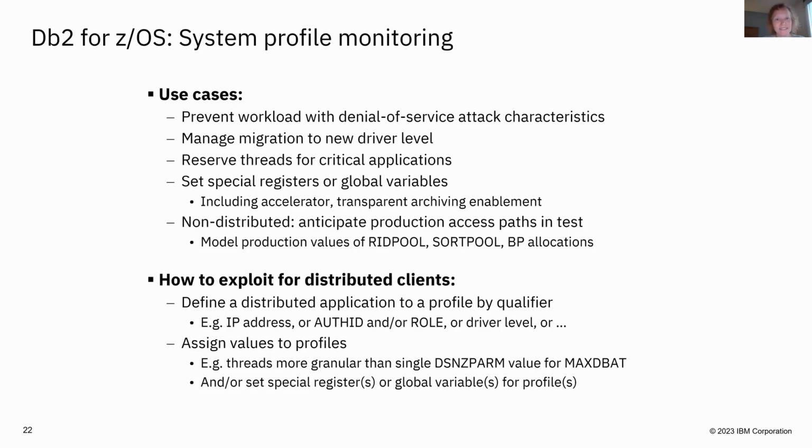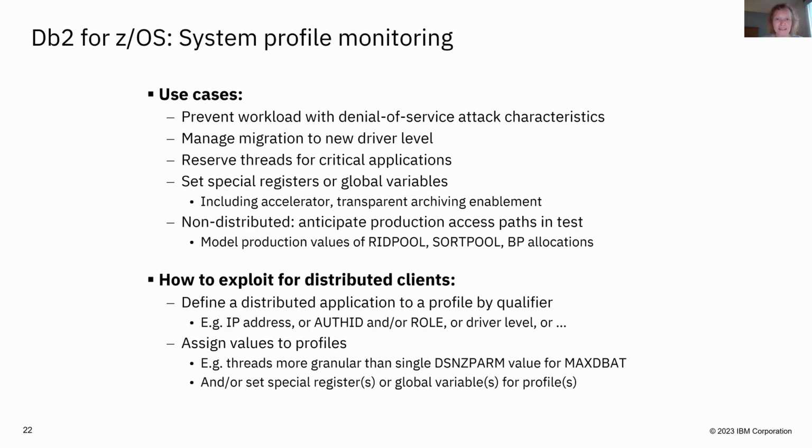That doesn't happen frequently, maybe once, twice, three times a year, but when it happens, it has a pretty severe impact for the system. The most frequent example is that programs don't test their error path very well, and then they run into an error, go into an exception mode, and then in a tight loop just fire new connections to Db2 and basically push all well-behaving applications out of Db2 by hitting max DBATs, hitting the max connection number.